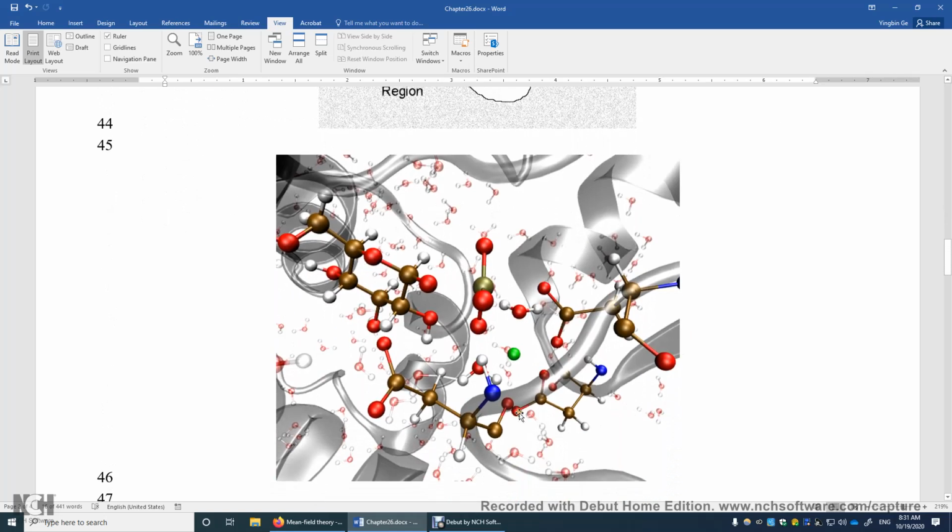So over here, it's just a random example I got from the internet. We can use a fairly accurate ab initio method to describe this molecule. Just imagine this is a drug molecule interacting with an enzyme, I guess.